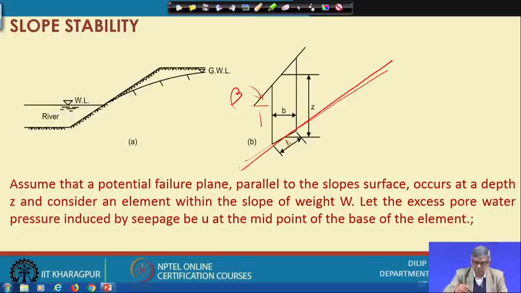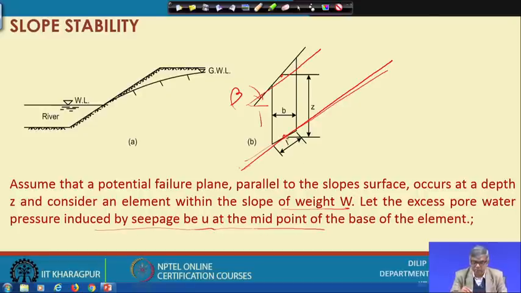Suppose this is not drawn properly; it should have been a little flatter, parallel to this, and it occurs at a depth z. That means, from the midpoint to the midpoint is depth z, and the element of the slope has weight W. Let the excess pore water pressure induced by seepage be u at the midpoint.